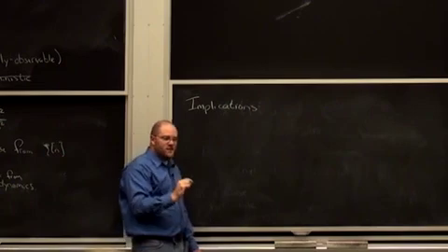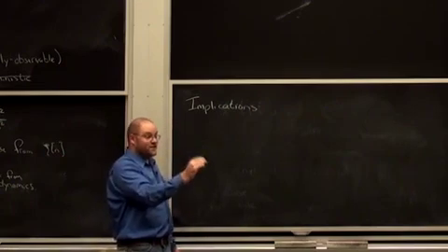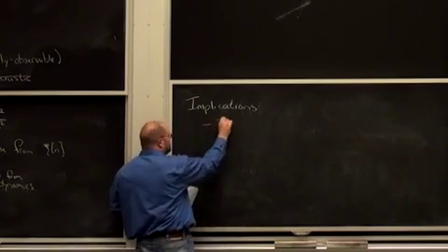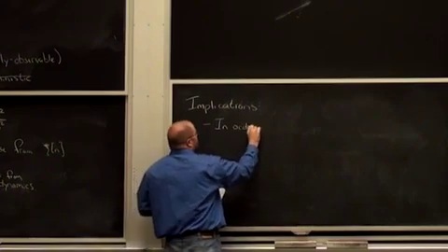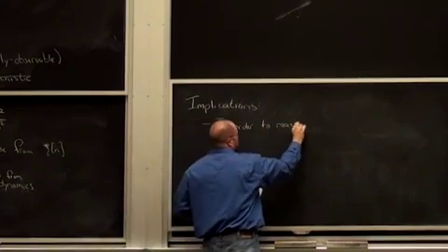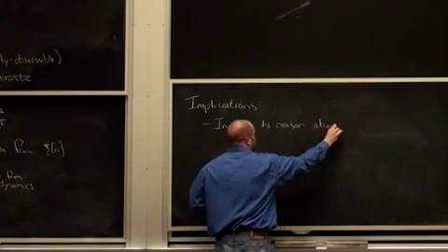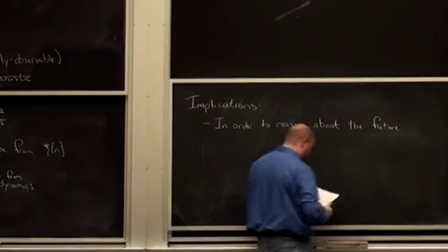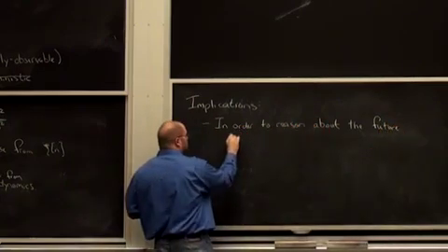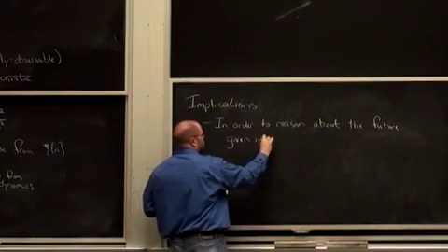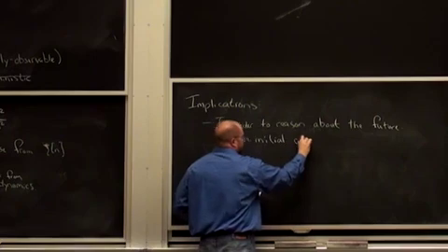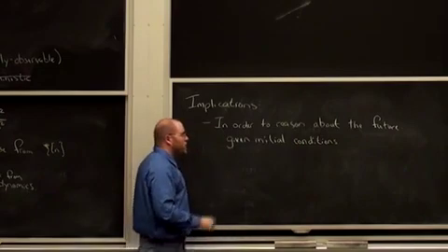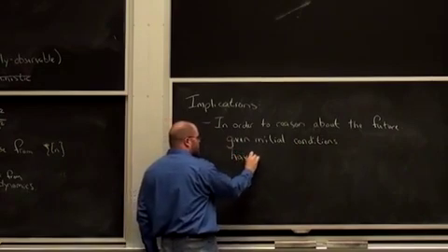If you want to reason about the cost that you're going to incur given some policy, for instance, in order to reason about the future dynamics, even though you know the current state, even given initial conditions, it's not enough to just reason about x.